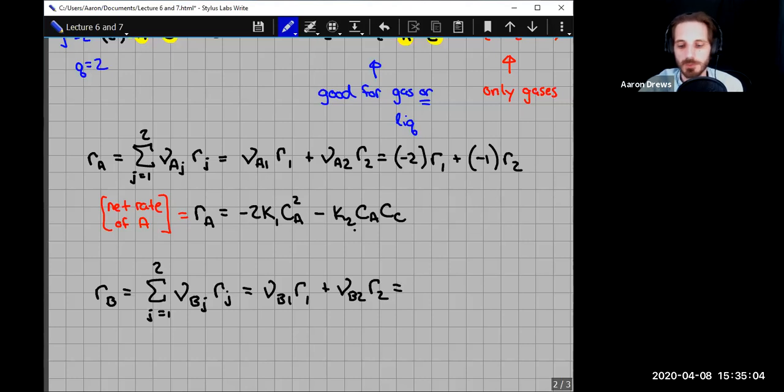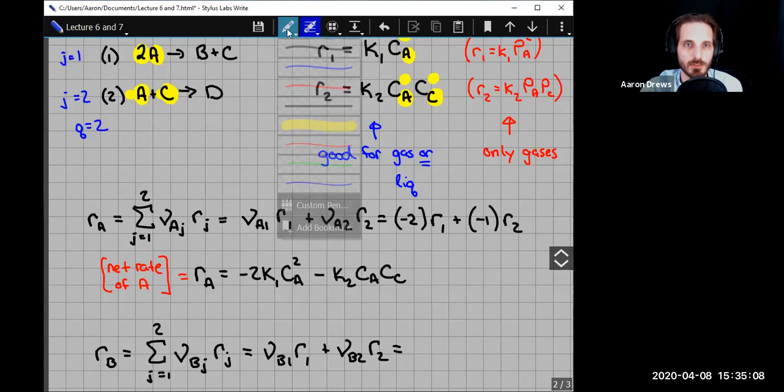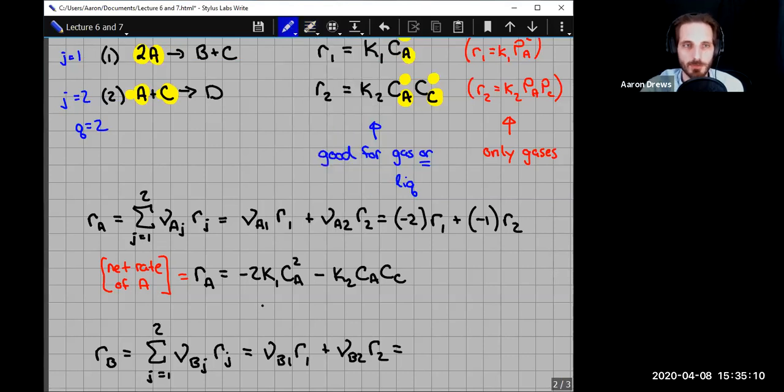And if we combine a couple of steps here, I'm just going to write these right above it. The stoichiometric coefficient, that's a mouthful, of B in reaction 1 is a +1. Let's try to make that a little bit bigger, +1. The stoichiometric coefficient of B in reaction 2 is a 0, right? Nowhere in this reaction does B occur, and therefore the stoichiometric coefficient of B in reaction 2 is 0 because it doesn't occur in the second reaction.